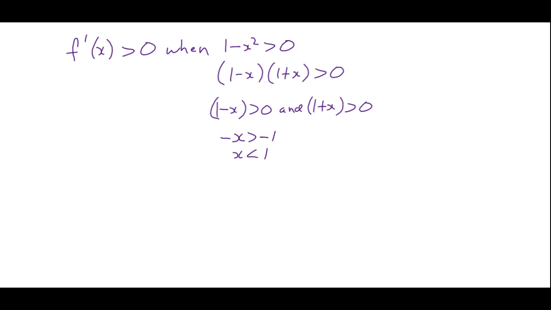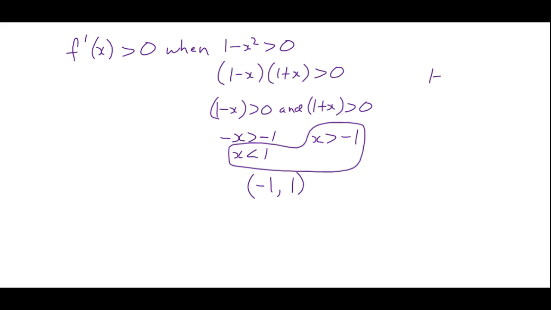So if x is less than 1, this factor is going to be greater than 0. And what will this be? x is greater than -1. We need both of these things to happen at the same time. It's got to be less than 1 and greater than -1, which puts it between -1 and 1.